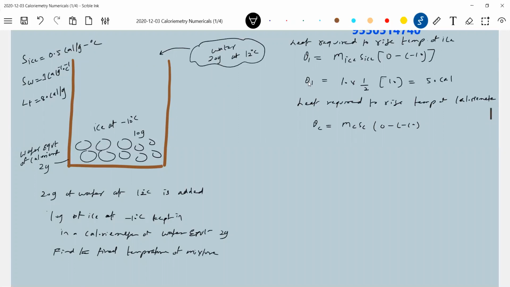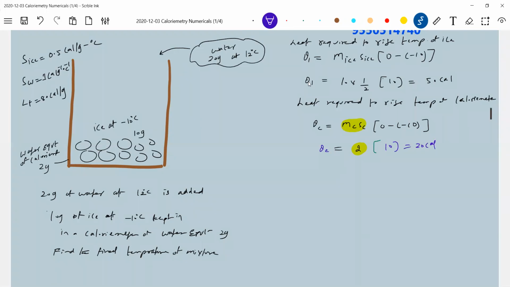Tell me, what shall I do? Anybody wants to reply? We don't know these two terms, no? Water equivalent is given, that you're going to write here. There's a trick. So this will be 10, so 20 calories is needed for calorimeter.